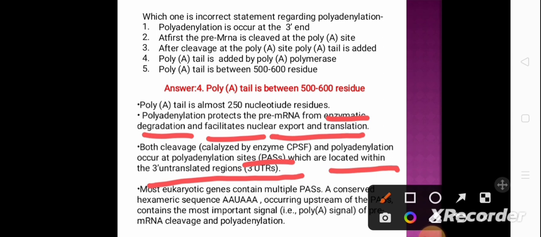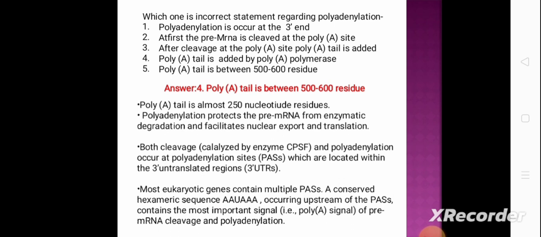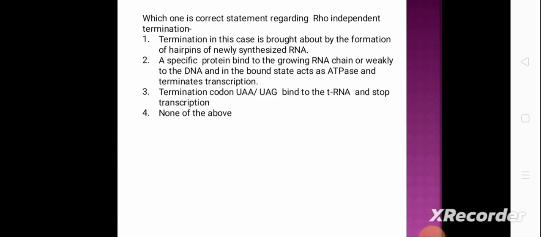Most eukaryotic genes contain multiple polyadenylation sites. A conserved hexameric sequence, AAUAAA, occurring upstream of the polyadenylation site, contains the most important signal for pre-mRNA cleavage and polyadenylation.